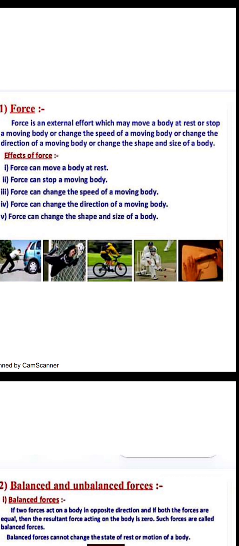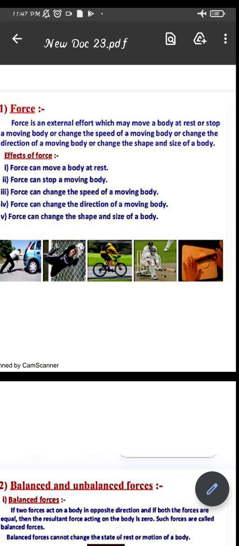So we can say that force is an external effort which makes a body move that is at rest, and we can stop the moving body. If a moving body is there and we exert more force on that object, then that object will move with more speed. So the moving object can gain more speed by applying force on it.